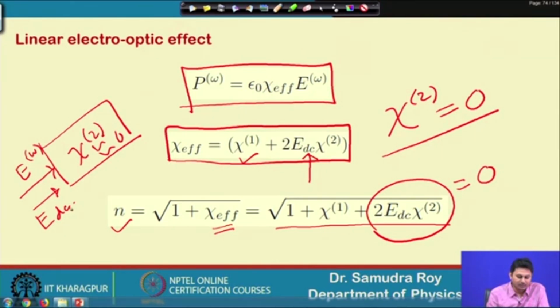But at the same time, the linear electro-optic effect is also not going to be generated, as the equation suggests, because chi 2 is 0. So, this term again is going to vanish, and if this term is not there, we will not have any kind of effect on the susceptibility.